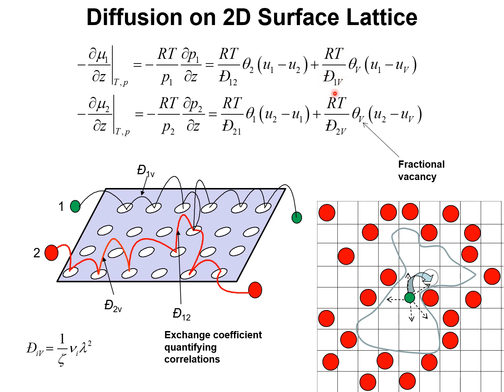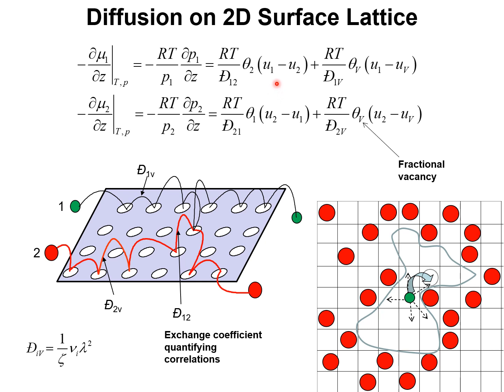And this is the Maxwell-Stefan diffusivity for describing the mobility of species 1 with respect to the vacant sites, D_1V. The frictional term is RT divided by D_1V times the fraction of vacant sites times the relative motion between component 1 and the vacancy.